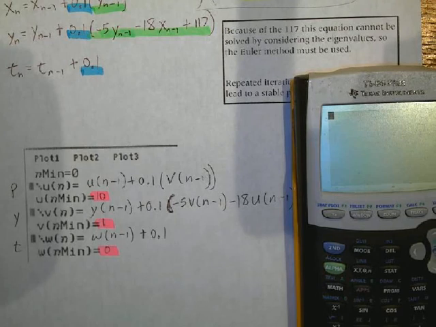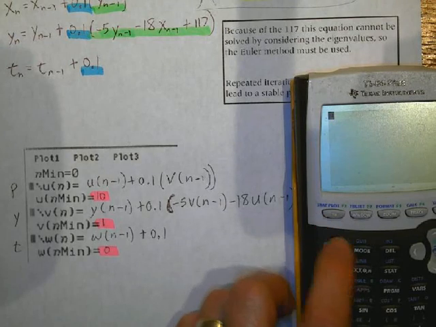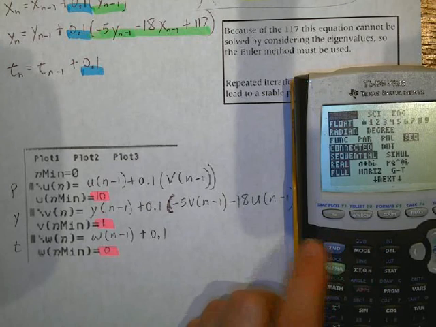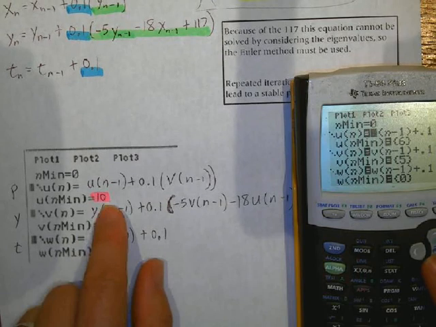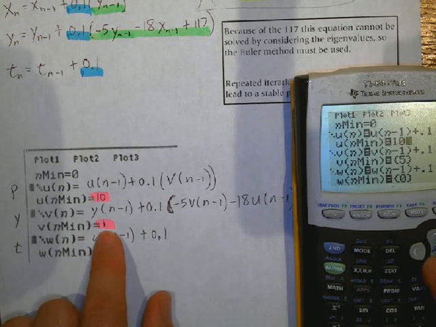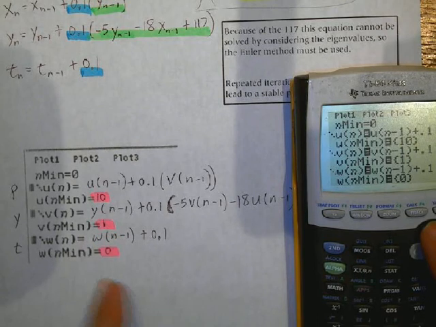So what do we got here? First thing I'm going to type in the pink numbers, I like to get that over with: 10, 1. Okay, and that's already 0.